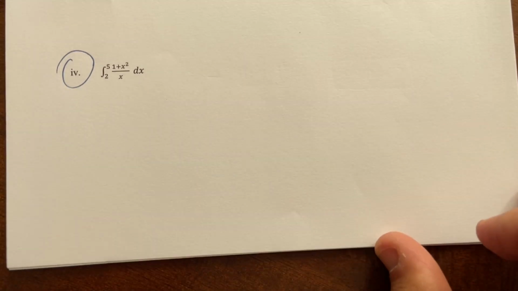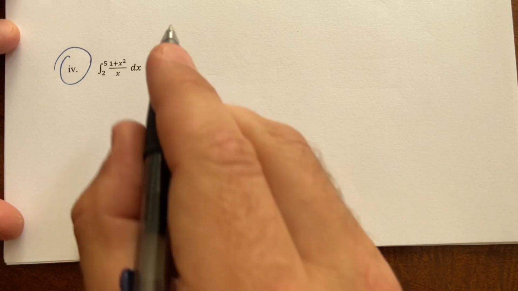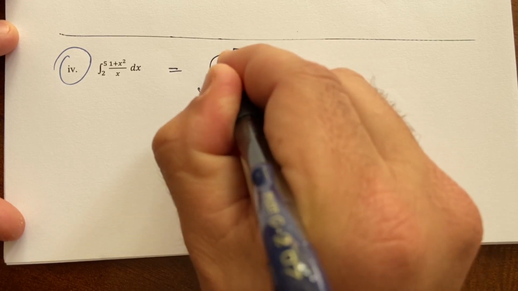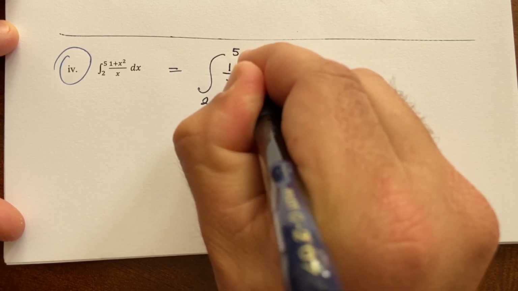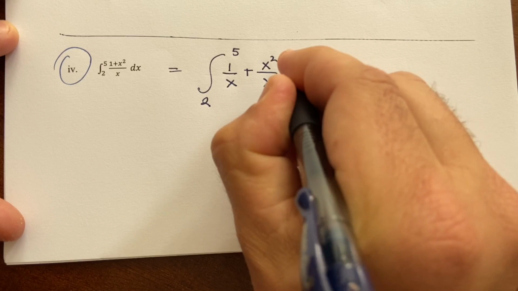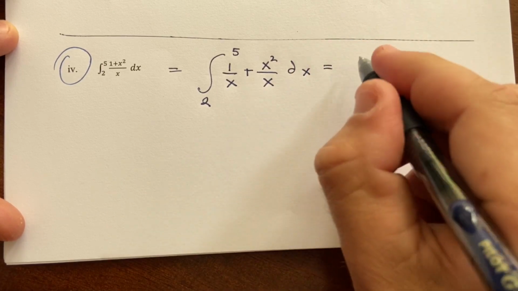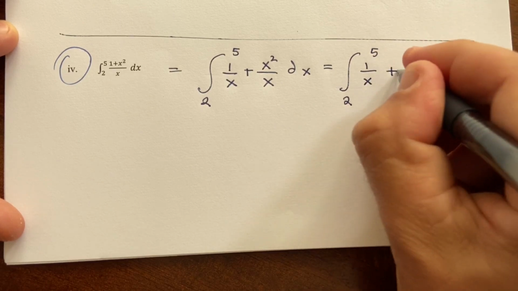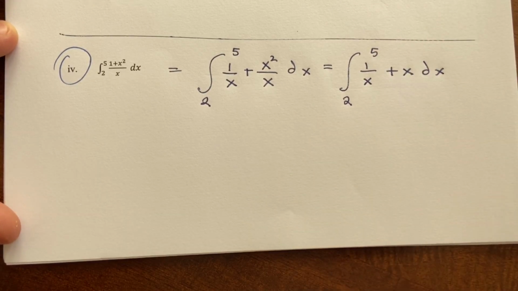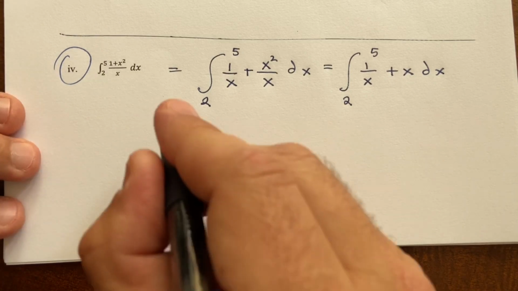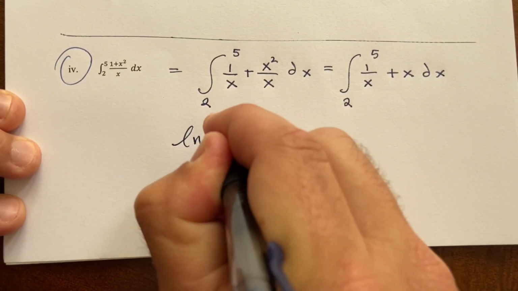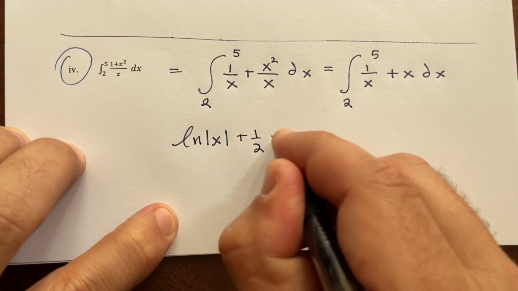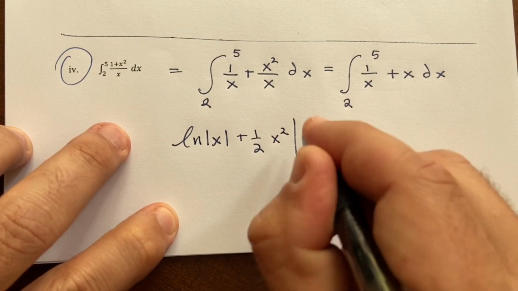Go down to part 4. So I can split up this integrand: the integral from 2 to 5 of 1 over x plus x squared over x dx. So simplifying, and then finding the antiderivative, ln of absolute value of x plus 1/2 x squared, and then evaluating from 2 to 5.